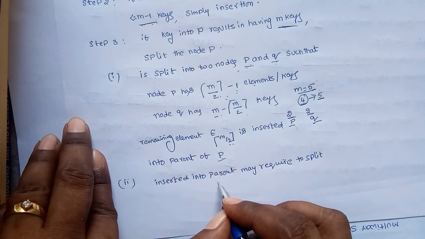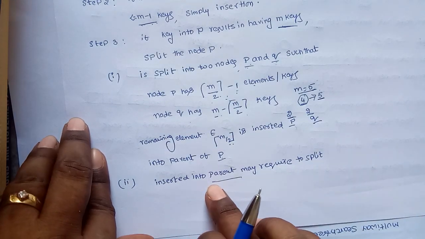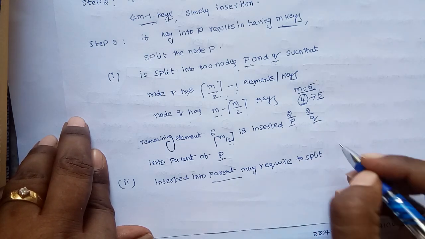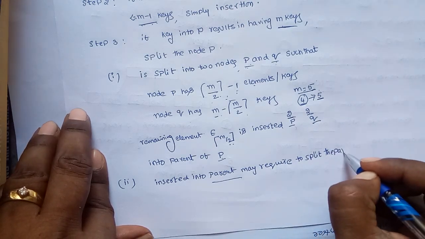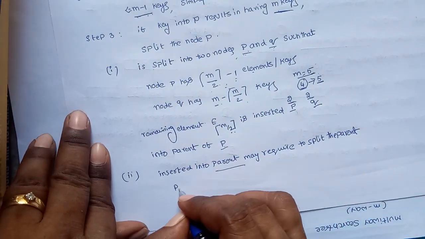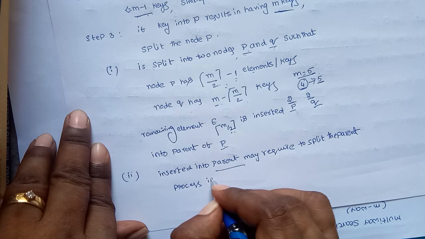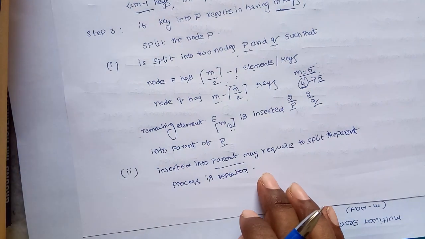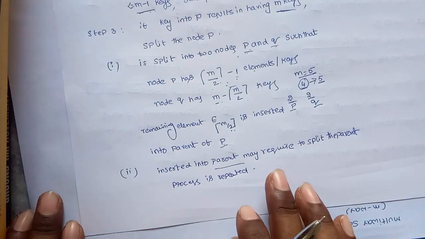Again, we have to split the parent also. So this process is repeated until it satisfies the B-tree property.